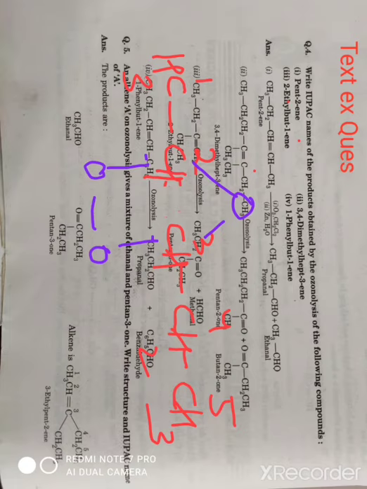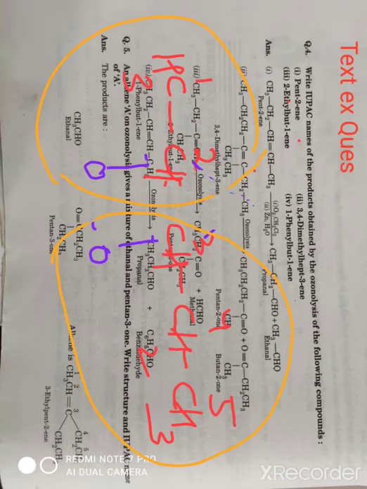Now what is the next step? In the next step we have to cleave this bond in this way. When you cleave, this one will be one product and this one will be the other product. In order to make that product, rub out this O, because it will get removed as a side product, and the bond between the two oxygens gets cleaved. Now there is a formation of a double bond between the carbon and oxygen.